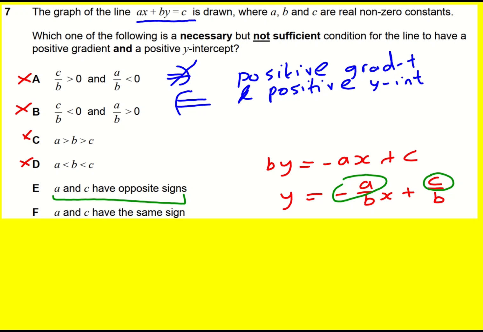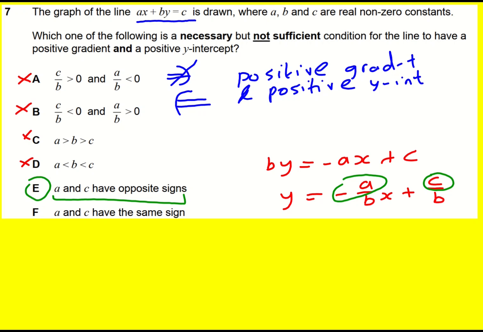So if b was positive, we would need c to be positive, and we would need minus a to be positive. So a would have to be negative. So if b is positive, c is positive, a is negative. If b is negative, c would be negative and a would be positive. So that will imply that a and c have opposite signs, and that's our answer E.